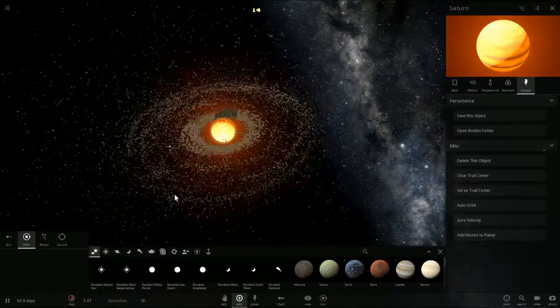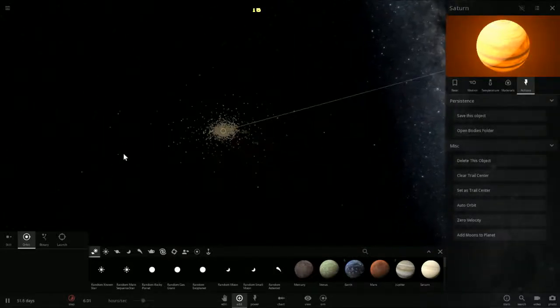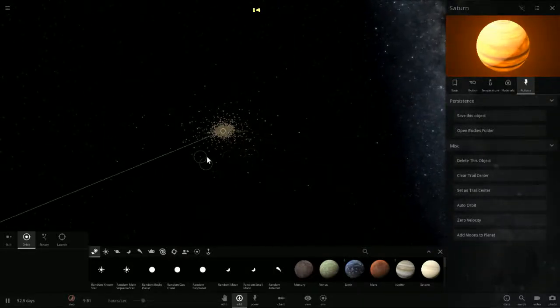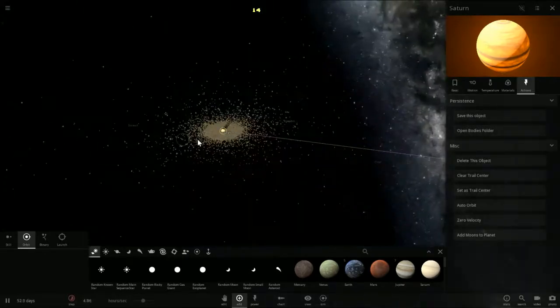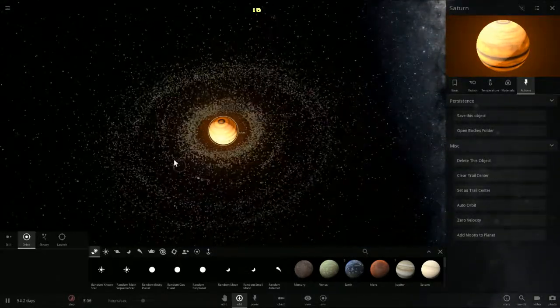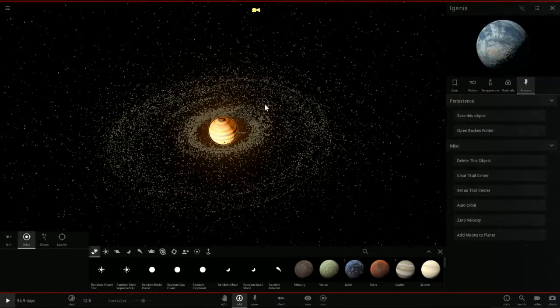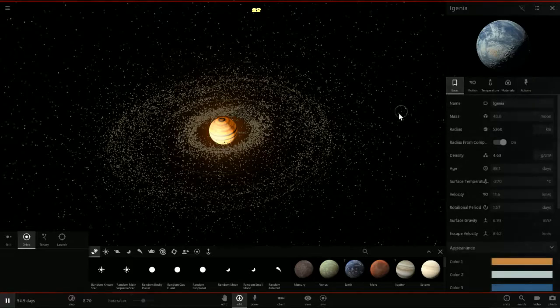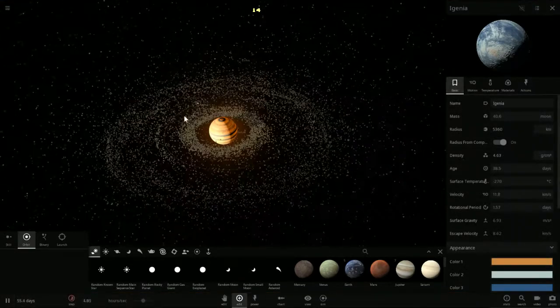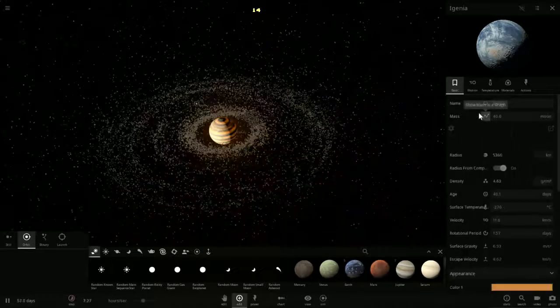At least these are two rings that are very close to each other, but if we zoom out, then it's kind of quite messy. So we've already got some ring structure here, and I don't know where that moon's gone. Where did it go? Is this the moon? Yeah, it is. So this moon is also growing in size. It's gaining mass.